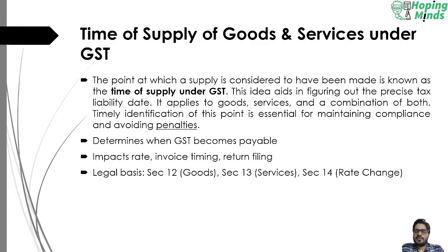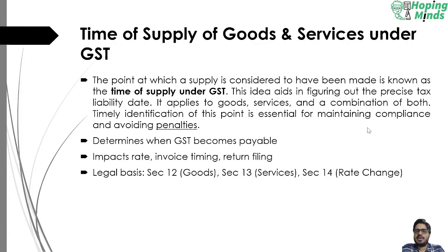So before proceeding with today's session, let us quickly see what we have done in our previous session. In our previous session, we learned about the scope and type of supplies under GST. We learned what are the different forms of supply like sale, transfer, barter, exchange, rentals, license, etc. Also, we learned that consideration is the key in case of supply.